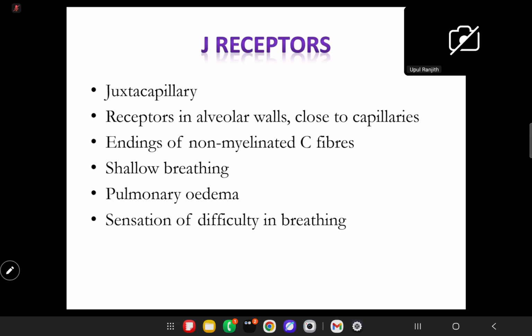They cause shallow breathing in pulmonary edema, right? So in pulmonary edema, you feel some difficulty in breathing due to some congestion. So the impulses are carried by these juxtacapillary receptors because of stretching of these receptors in pulmonary edema.